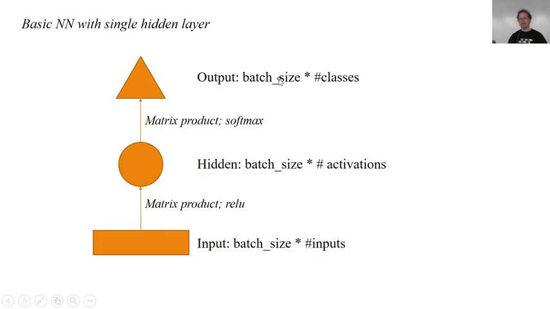Again, the number of rows is batch size, and the number of columns is equal to the number of classes, however many columns our matrix in this matrix product had. So that's a neural net, our basic one hidden layer neural net.